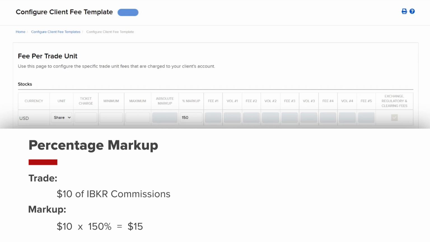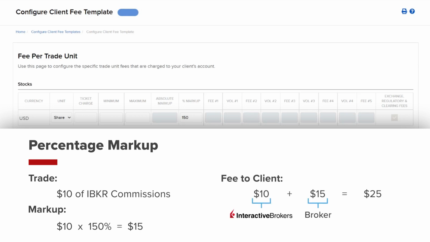If a client placed a trade resulting in $10 of IBKR commissions, then the markup will be $10 IBKR commissions times 150% equals $15. Therefore, the client will be charged $10 IBKR commission plus $15 broker markup equals $25.